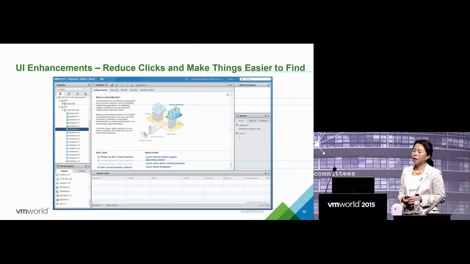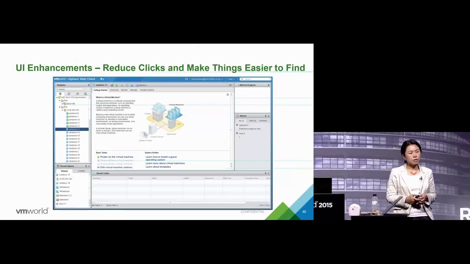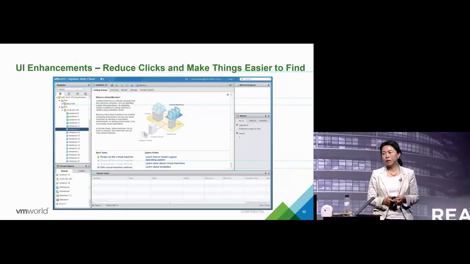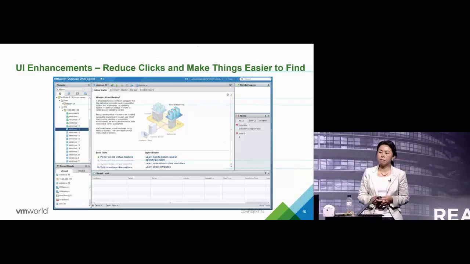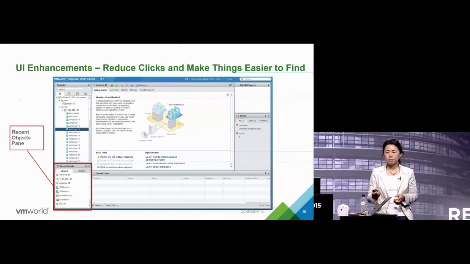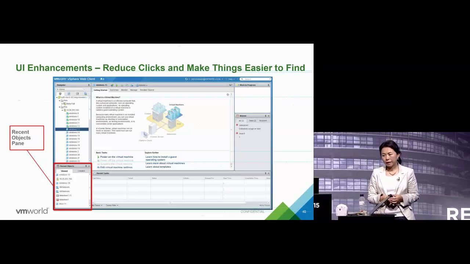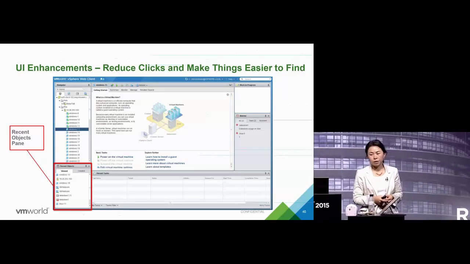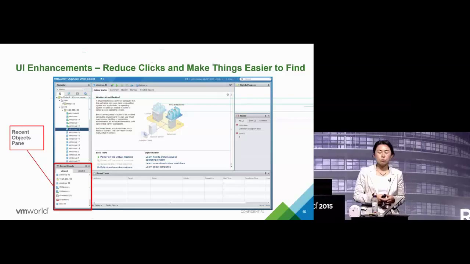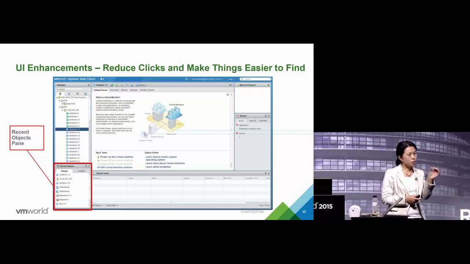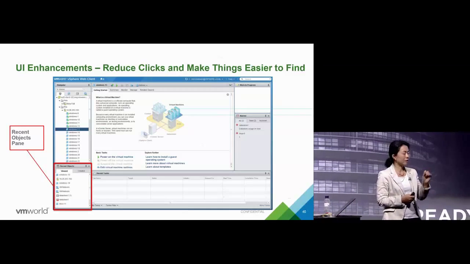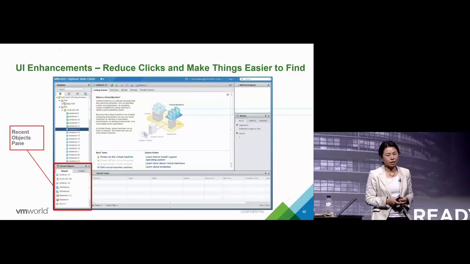Okay. The next is a series of UI enhancements to really help you reduce clicks and make things a little bit easier to find. The first thing I want to highlight is the recent objects menu. This was previously part of the history button. You see this little icon that looks a little bit like a refresh icon.